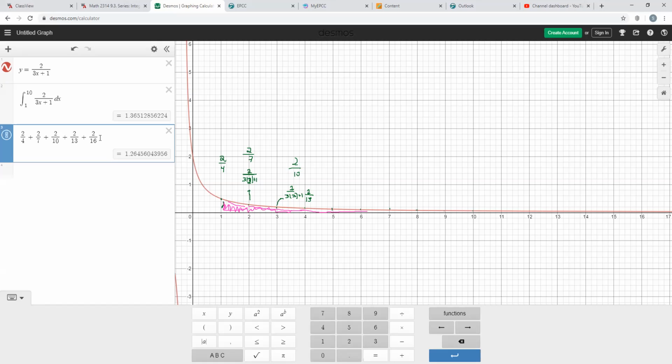So we could keep going here, but 2 over 19, and we already passed this number above it. Oops, 2 over 22. And see, we're already past this, right?